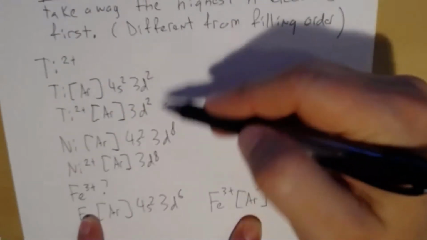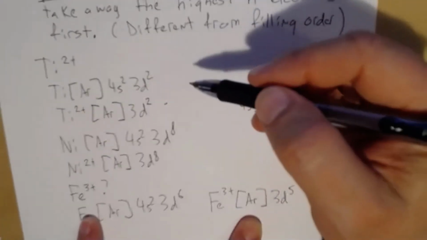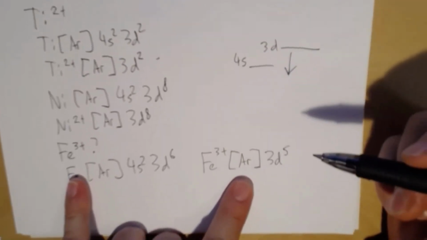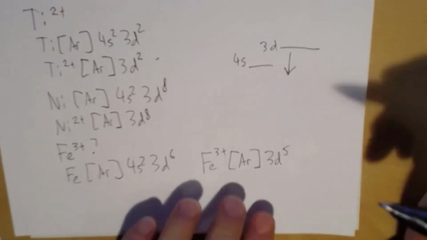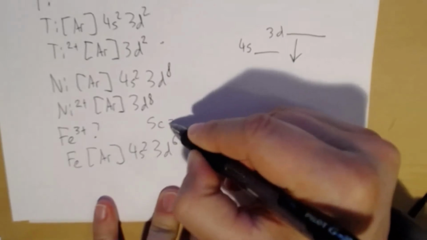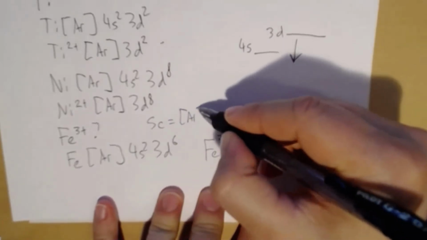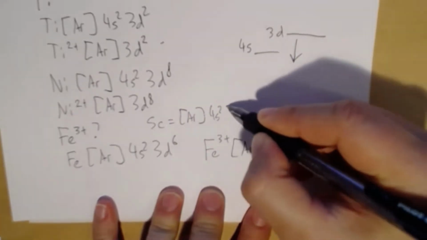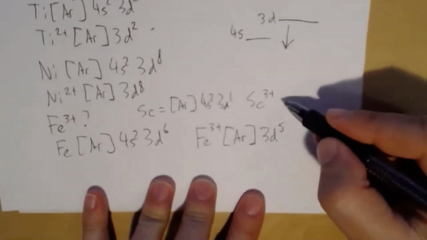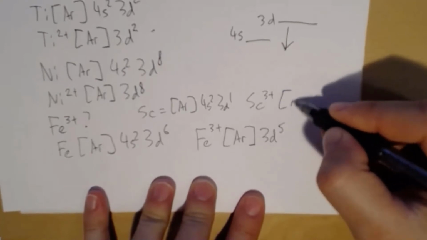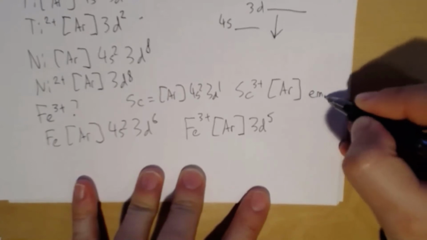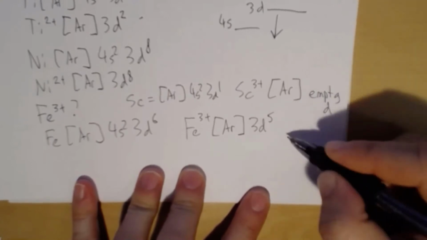They try to empty their D if they could get a D0, like scandium. Scandium would be argon 4s2 3d1. Scandium 3+ would just be argon. So transition metals can either have an empty D or a half D.